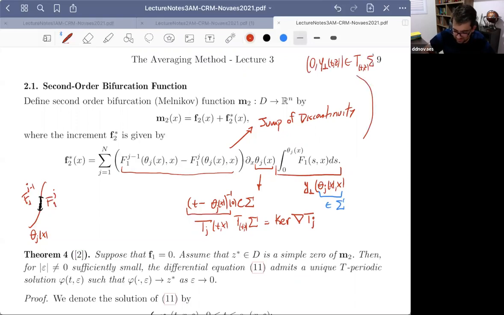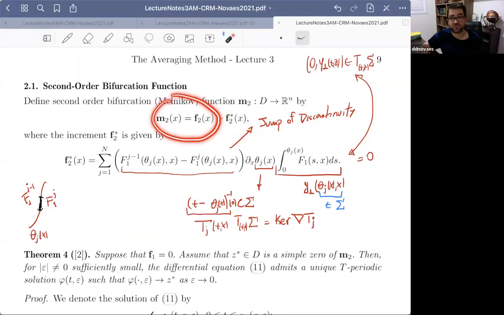And this is equivalent to saying that this product is equal to 0. So this hypothesis implies that F2 star vanishes. Okay, so in this case, we do not have any increment, and the bifurcation function of order 2 is just the average function of order 2.